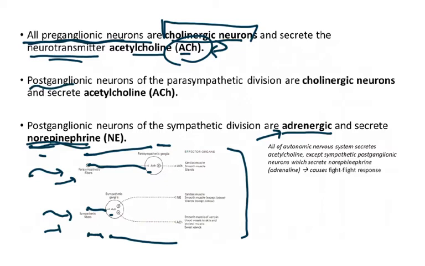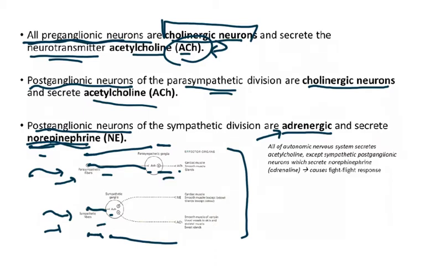The postganglionic neurons then are going to be different. So the postganglionic neurons of the parasympathetic division will still be cholinergic neurons and secrete acetylcholine. Cool. So here's that parasympathetic division, here's its postganglionic neuron, and there it is releasing acetylcholine. And so really, so far everything is releasing acetylcholine.